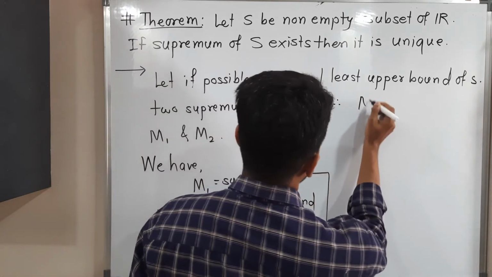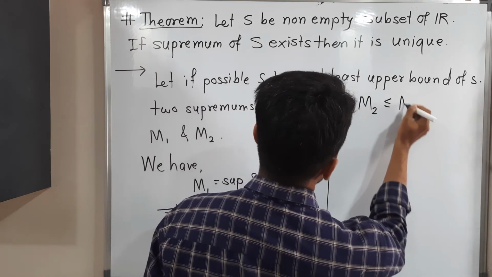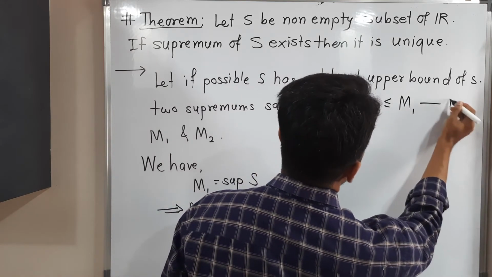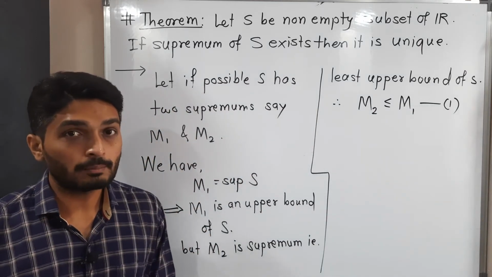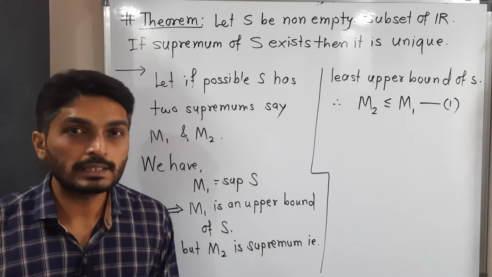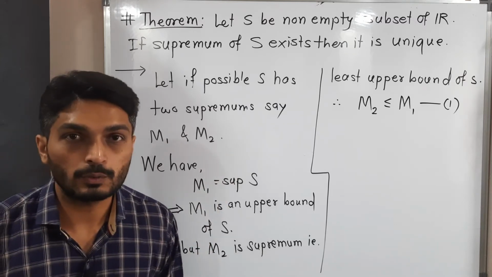So obviously M2 is less than or equal to M1. Since M1 is an upper bound and M2 is the least upper bound, that's why M2 is less than or equal to M1.